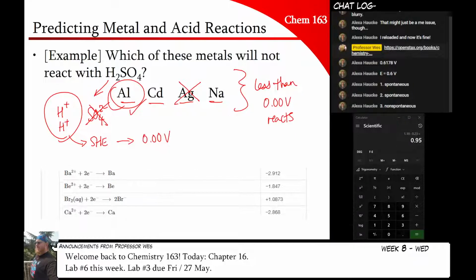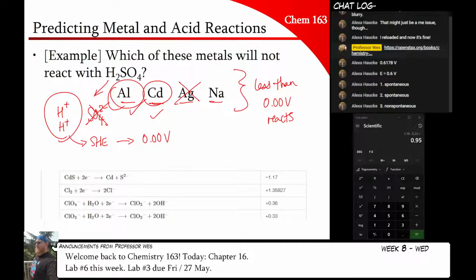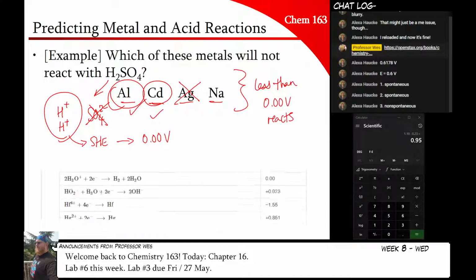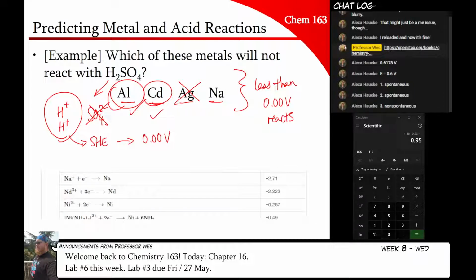Cadmium. Let's find cadmium here. Negative 0.4030, so that'll work. And then what about sodium? Sodium is super negative, so sodium will absolutely react with this. Negative 2.71, so for sure.